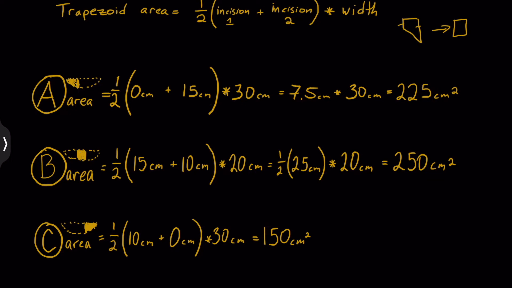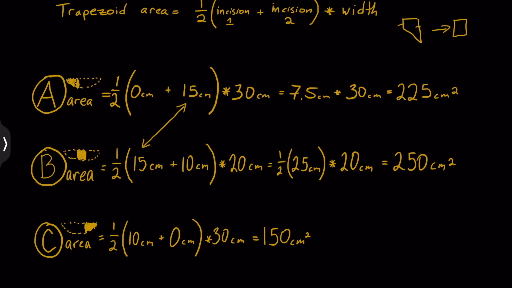Let's see. The area and shape of B is a little bit more like a rectangular or regular trapezoid. We've got incision depths of 15 and 10 centimeters. The 15 on this one is the same measurement as the previous trapezoid's deeper or second measurement. We have 2 trapezoids sharing a side.